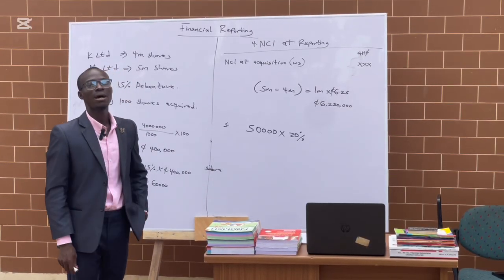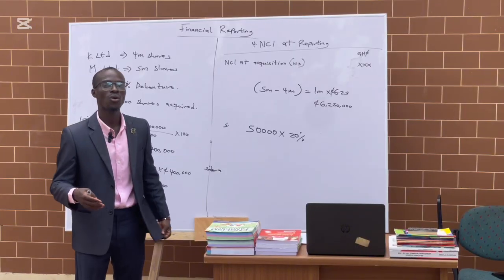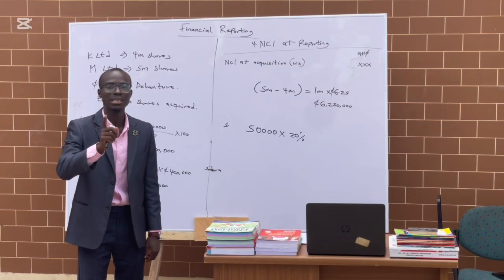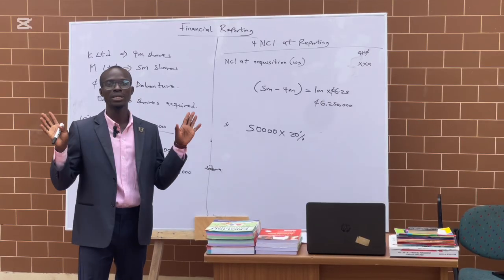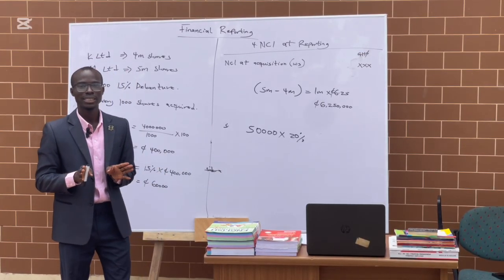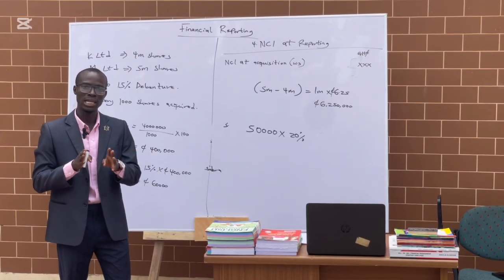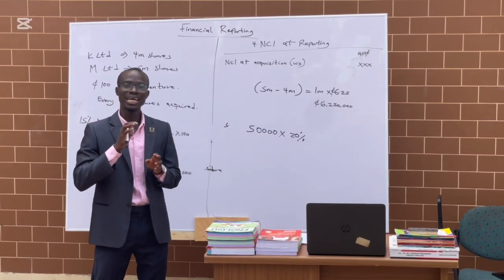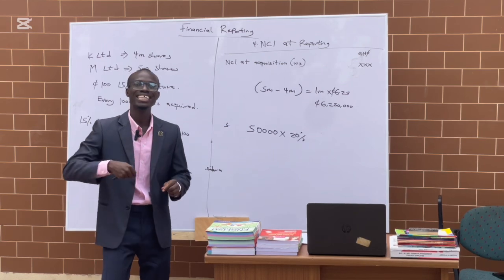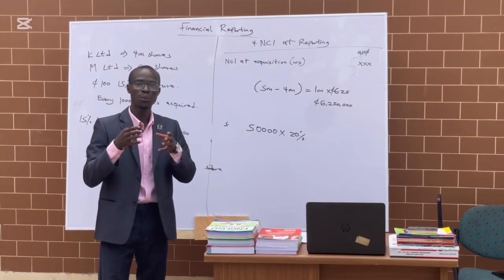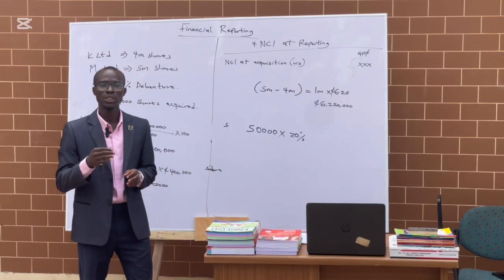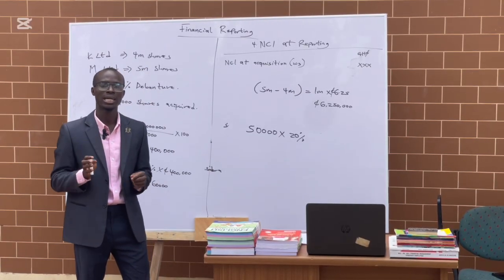But in this case, whereby they are valuing it through the proportionate, if there is any impairment in goodwill, it is not going to be shared, but it will only be borne by the parent. Get it right, there is a difference between the two scenarios that I've given. The first one, if a parent values the NCI through fair value, any impairment in goodwill is supposed to be shared between the parent and the subsidiary based on their share ownership.